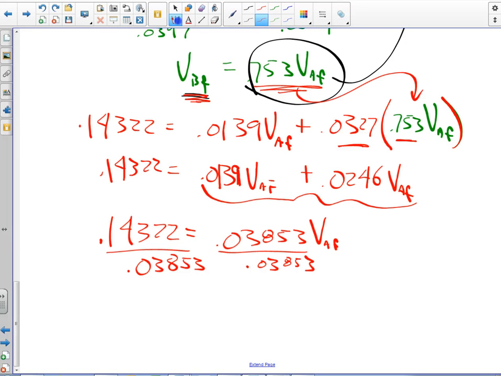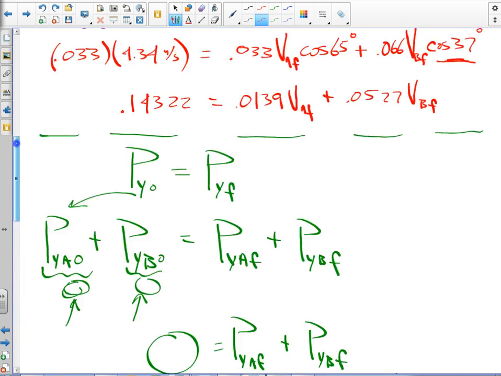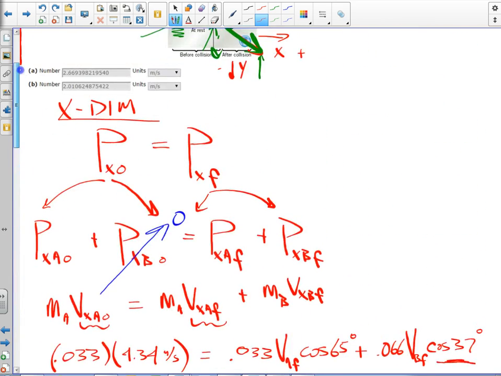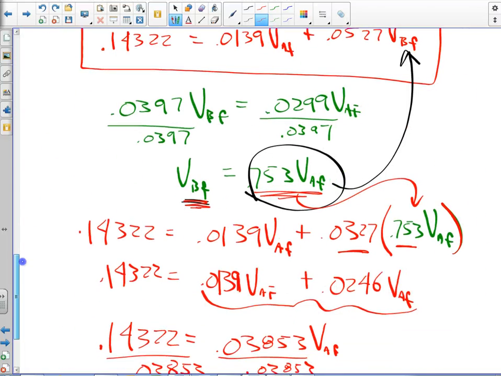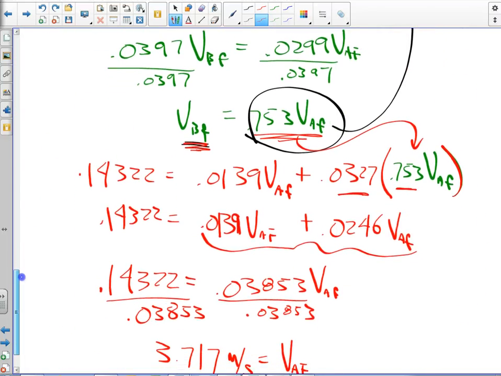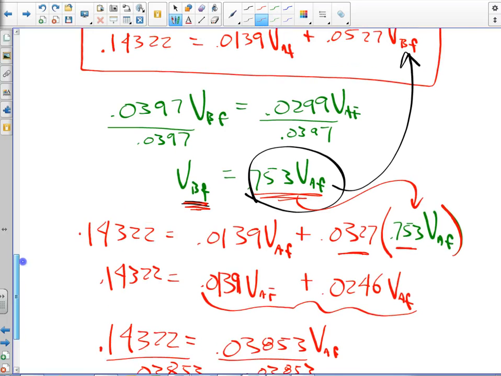So 0.14322 divided by that is going to be 3.717 or so meters per second VA final. It's positive, that's a good sign. Am I even remotely right? No. So where did I go wrong?